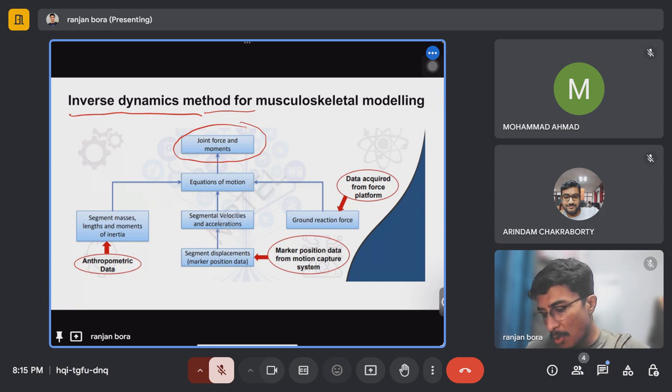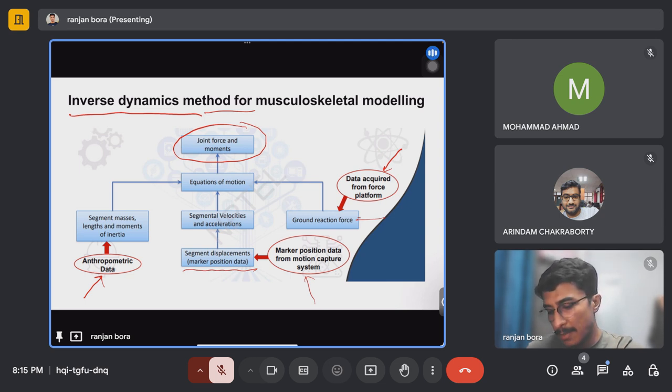From the anthropometric data, we get the segment masses, lengths, and moments of inertia. From the marker position data or from the gait analysis, we find out the segment displacements, and using the force plates, we get the ground reaction forces.